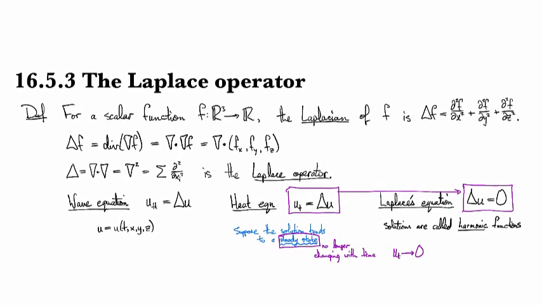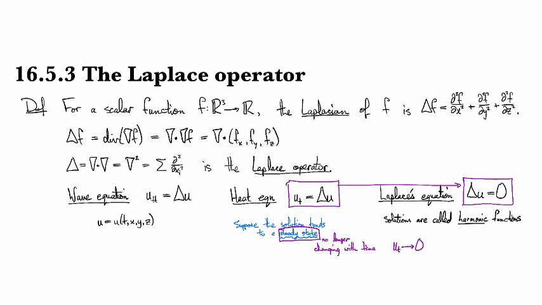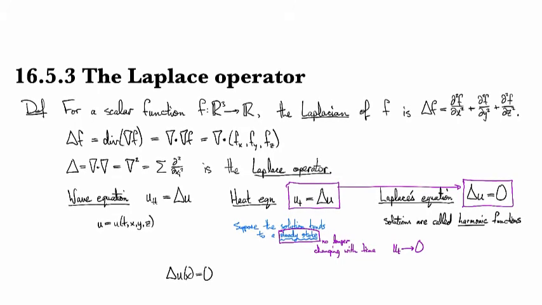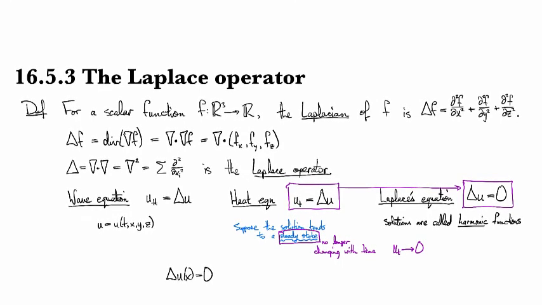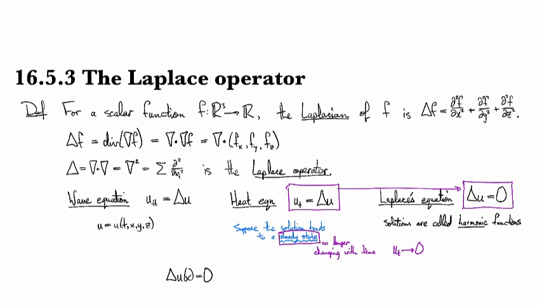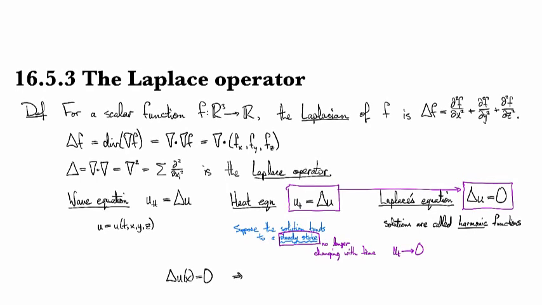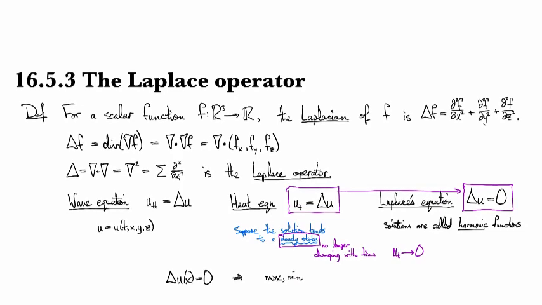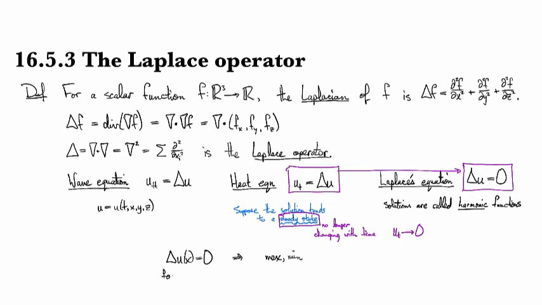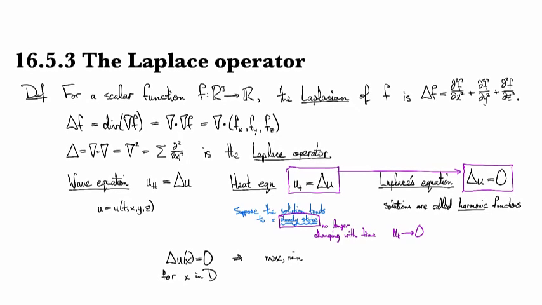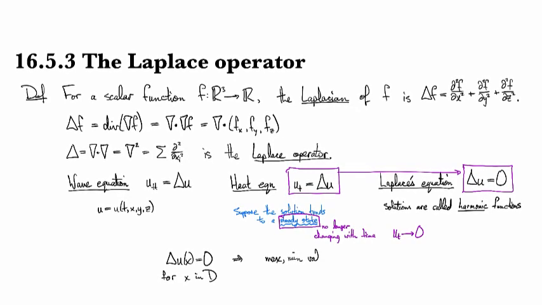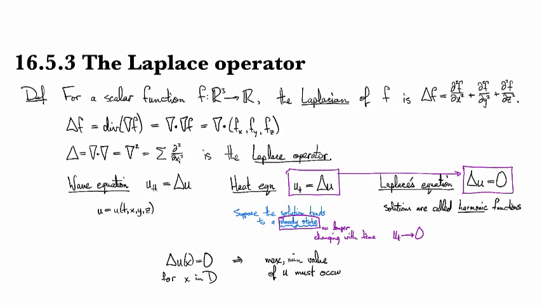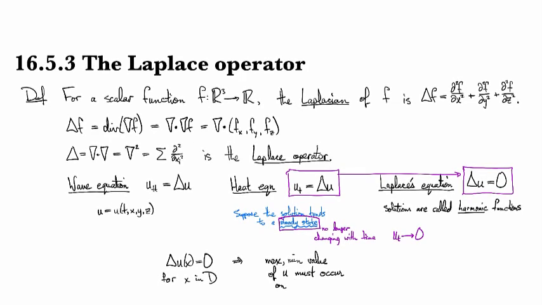and so harmonic functions, like I said, have lots of nifty properties. For example, if we know that u satisfies this on some region D, then that implies that the maximum and minimum value of u must occur on the boundary.